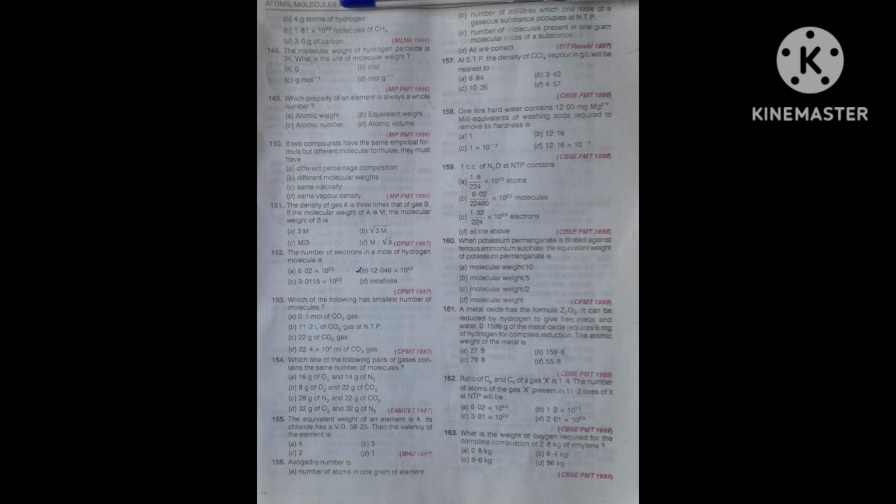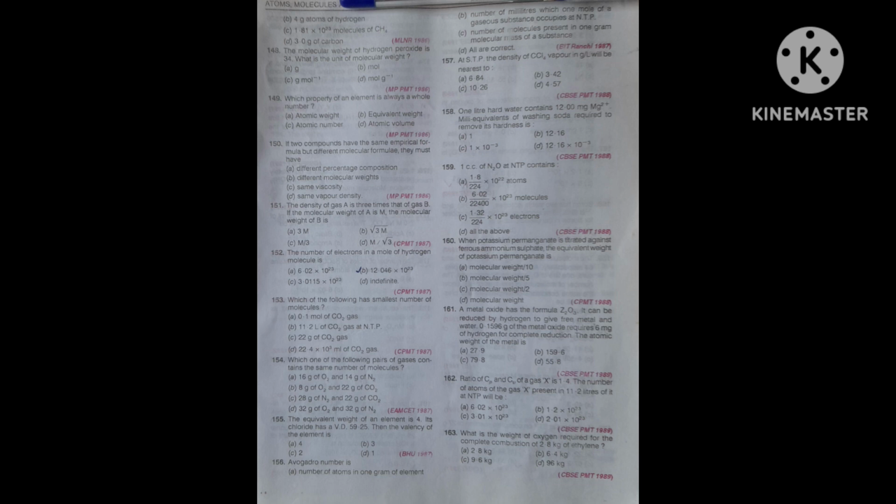Option B, 6.02 divided by 22,400 into 10 to the power 23 molecules. Third option, 1.32 divided by 224 into 10 to the power 23 electrons. And the fourth option is all the above. Now just think what should be the answer.